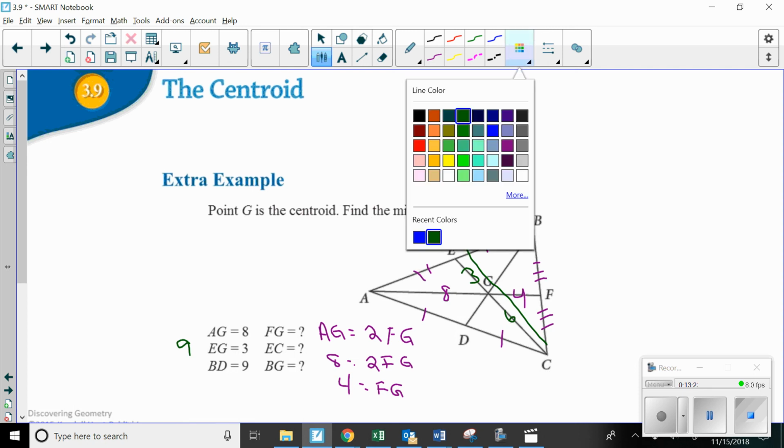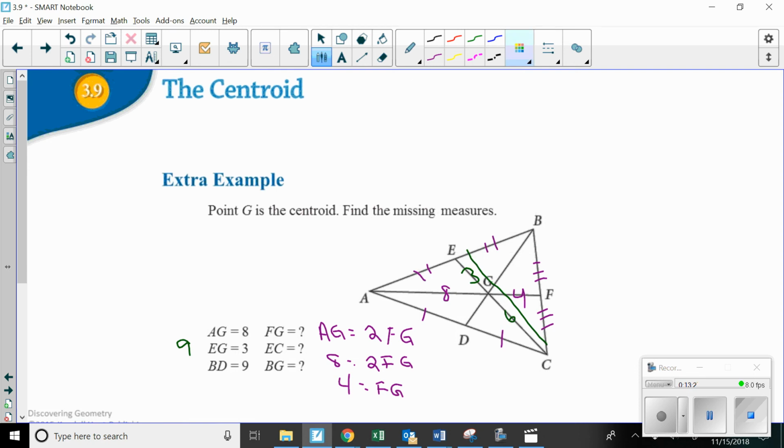And then our last piece, BD, this whole segment is 9. We need to find BG.